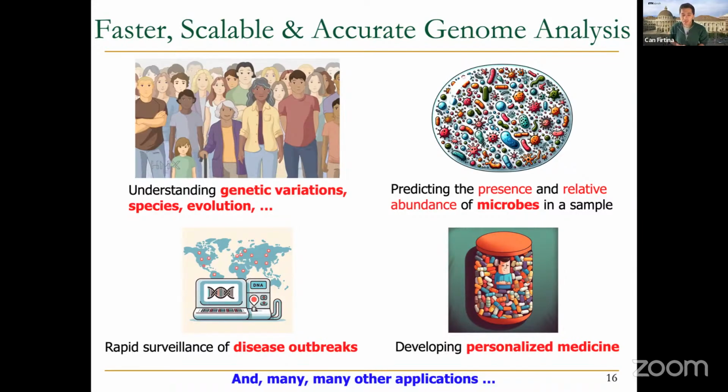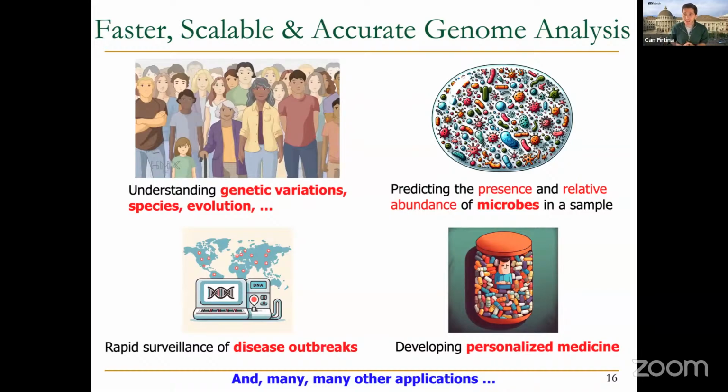With that said, genome analysis is also important for predicting the presence and relative abundance of microbes or pathogens in a sample. We can take a sample from, for example, a New York metro station and see whether a very harmful pathogen is growing in that sample so that we can take early action based on this analysis.